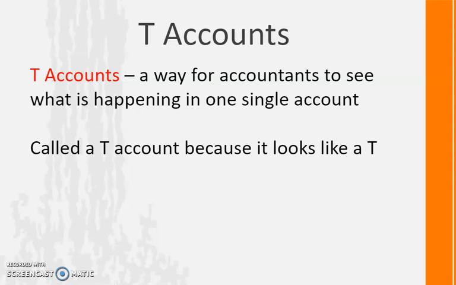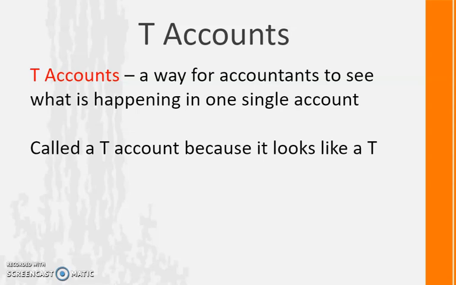So first of all, a T account is a way for accountants to see what is happening in one single account. And it's just called a T account because it looks like a T. I know, brilliant, right?